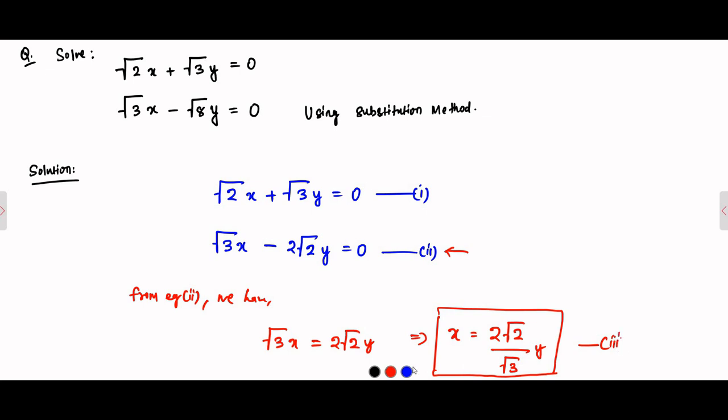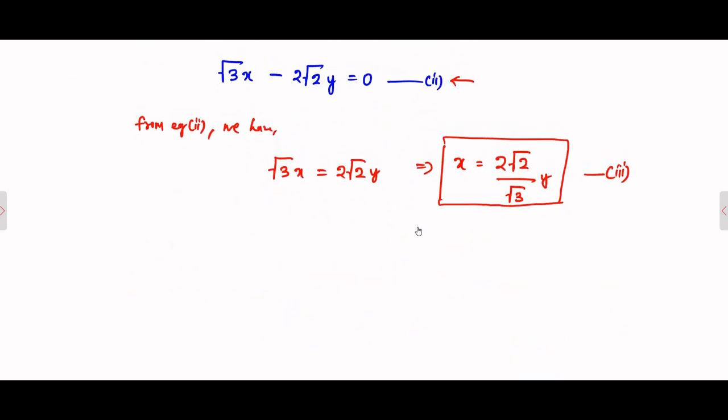Okay, now we'll substitute this in equation 1. X is equal to 2 root 2 by root 3 y in equation 1.